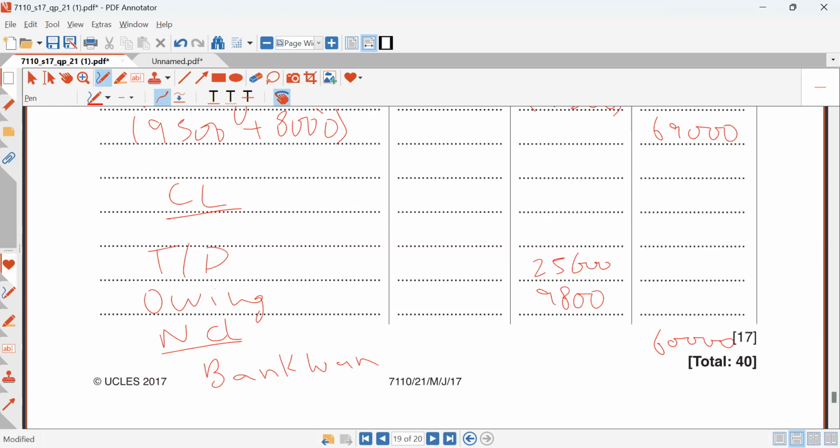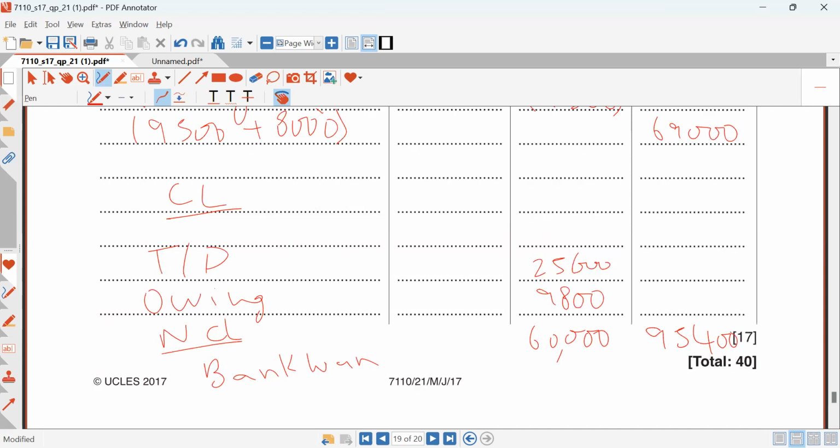Total liability is going to be 95,400. 60,000 is the bank loan. 95,400 is the total liability.